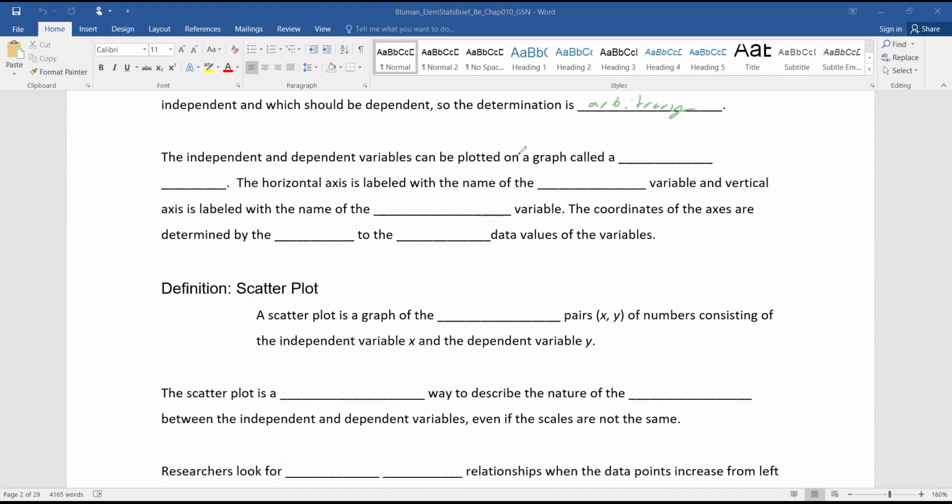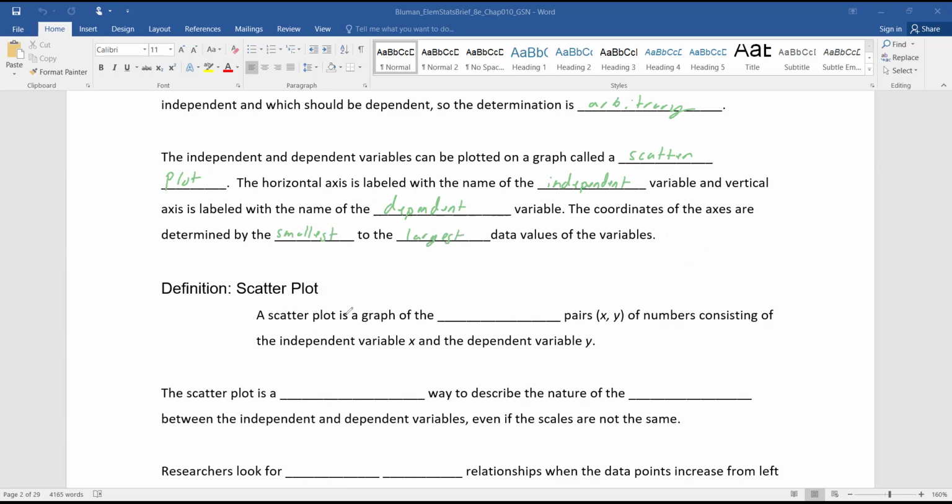The independent and dependent variables can be plotted on a graph called a scatter plot. The horizontal axis is labeled with the name of the independent variable, and the vertical axis is labeled with the name of the dependent variable. The coordinates of the axis are determined by the smallest to the largest data values of the variables.